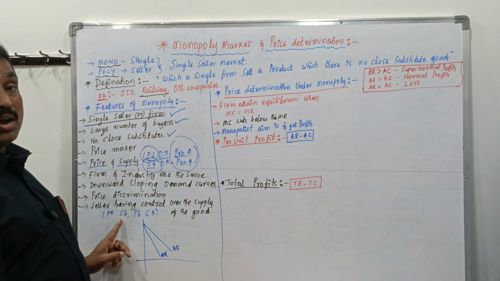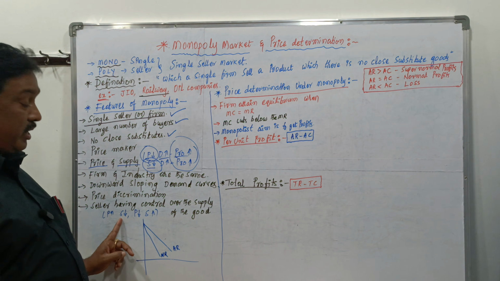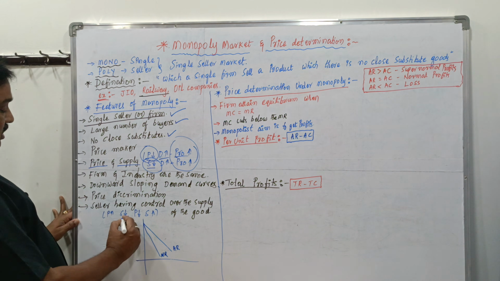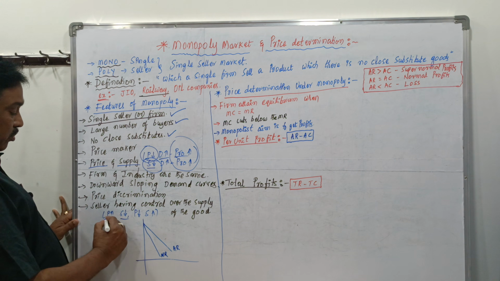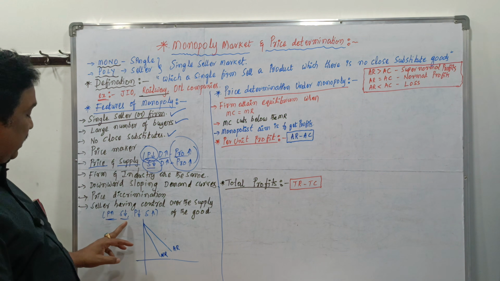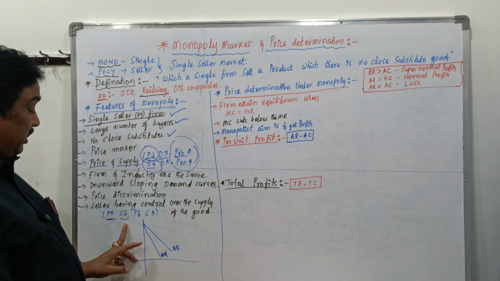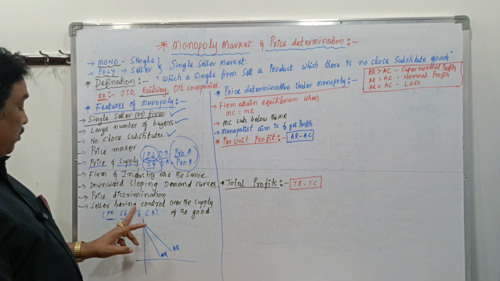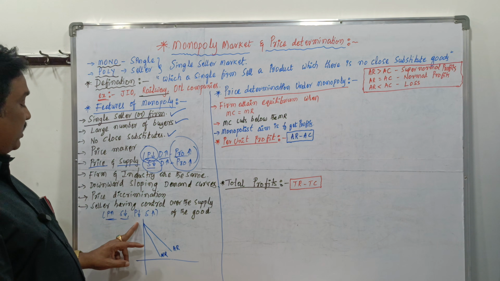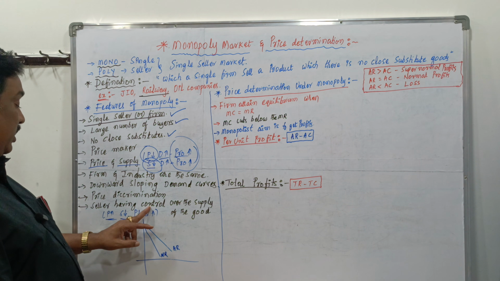If they want to decrease supply, they can increase the price. And sometimes they decrease the price, and supply increases.